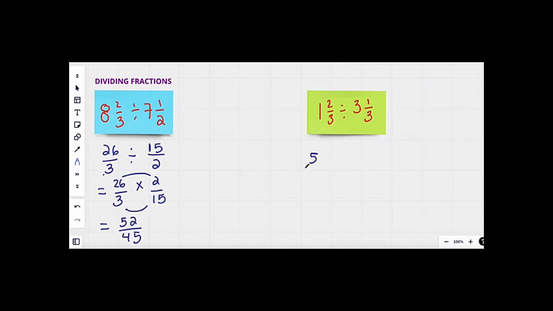So we've got 5/3 because the denominator stays the same, divided by, and the same thing here, 3 times 3, which is 9, plus 1 is 10, and the denominator stays the same. Okay, now we can start our division, which means that we leave the first fraction the way it is, we don't touch it. We change our sign to multiplication, and we flip our second fraction. So this becomes 3/10.